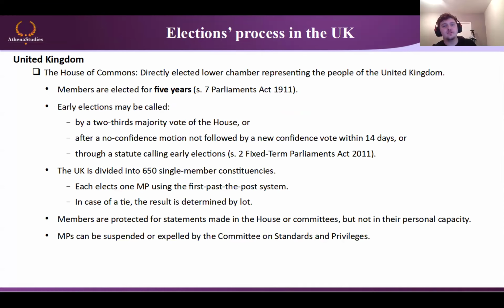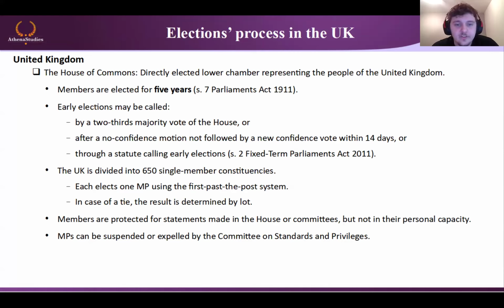So, what about the House of Commons? That's the directly elected lower chamber to represent the people of the United Kingdom. Very similar to Germany and to the US. Members are elected for 5 years. Early elections may be called either by a two-thirds majority vote of the House, or after a no-confidence motion not followed by a new confidence vote within 40 days, or through a statute calling early elections.